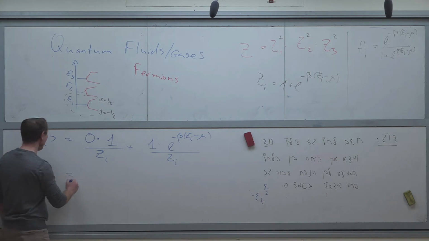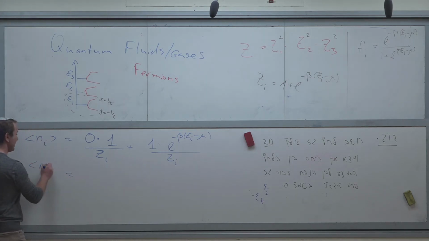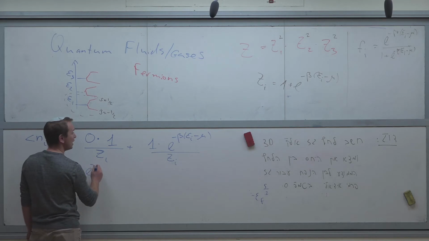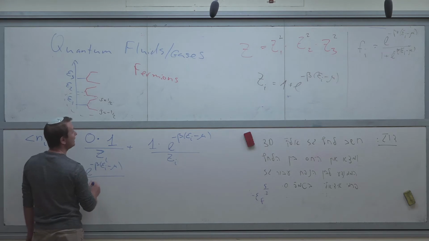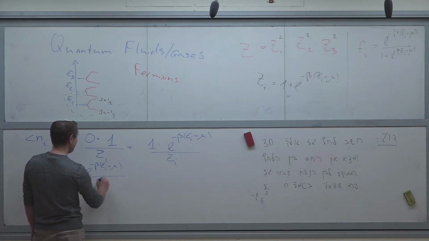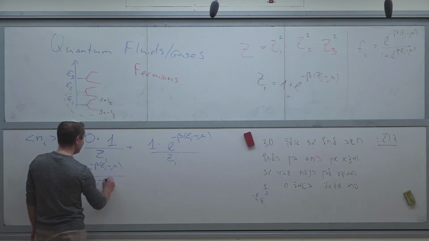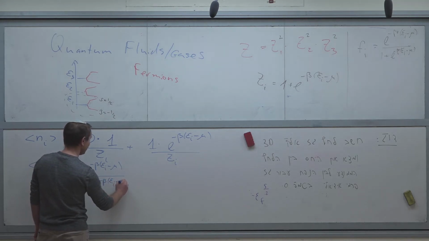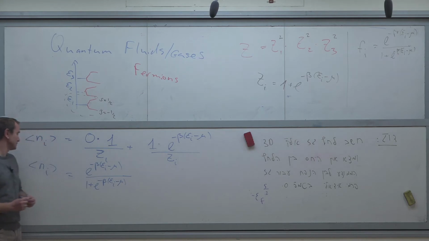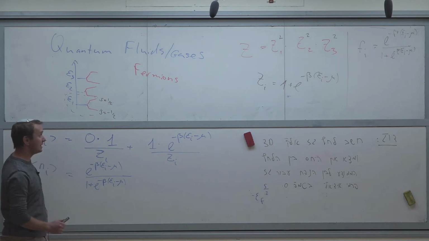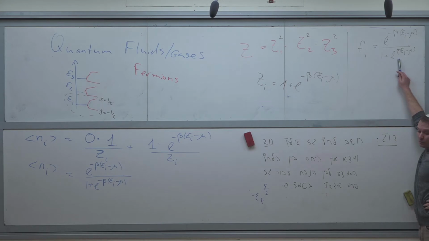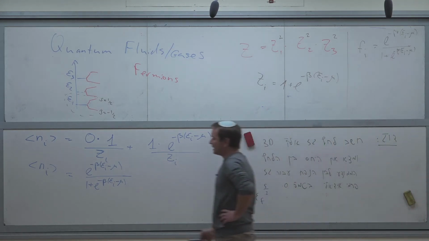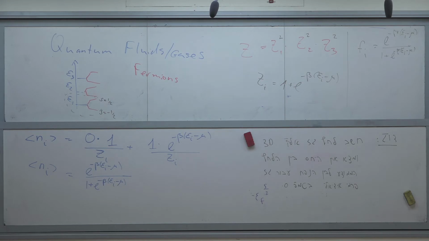Overall, Ni average is simply e to the power minus beta epsilon I minus mu divided by 1 plus e to the power minus beta epsilon I minus mu. The average number of particles for a given state is exactly the probability for the state to be occupied. So this average is sometimes called occupation probability.